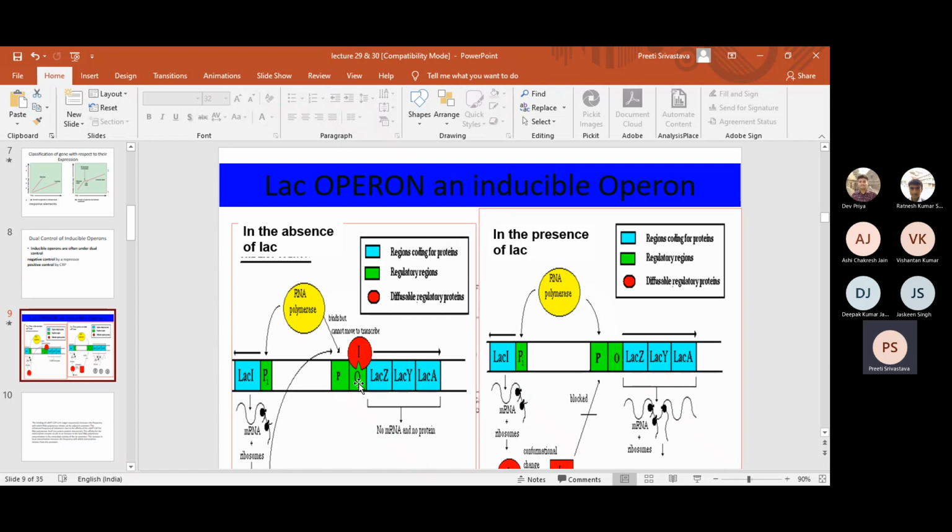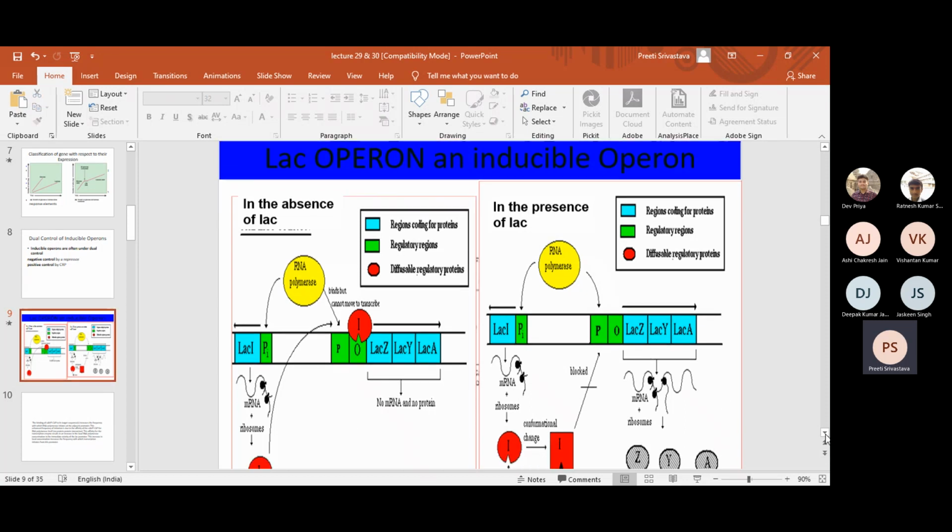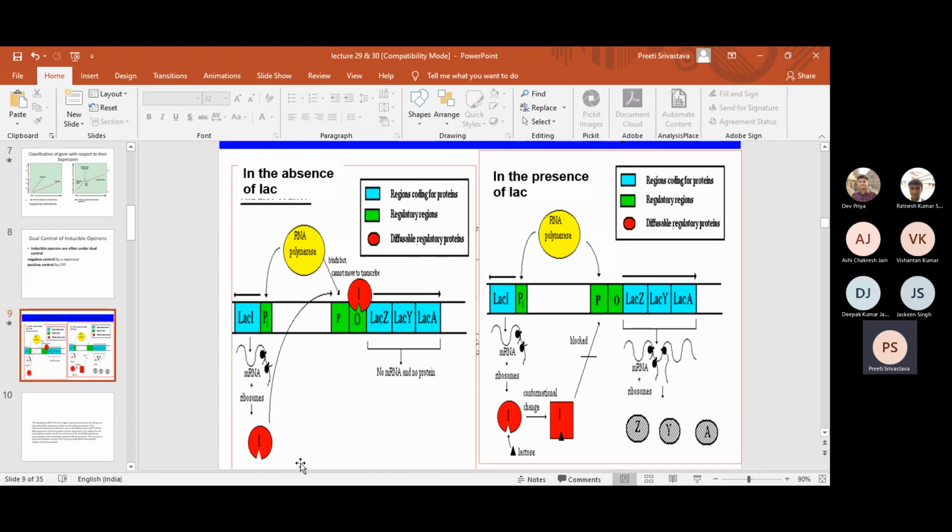Here lacI encodes the lac repressor. So lacI will make the lac repressor, which will bind to the operator.